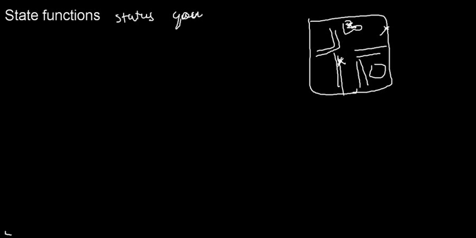I'm opening my GPS signal. My GPS signal tells me, hey guy, you're right here. This is where you are. It doesn't really tell me how I got there. It doesn't tell me, in order to get here, you walked all the way from home. It just tells me where I am at the moment. So this is a state function. It tells me what your property is at the moment, regardless of how you got there.